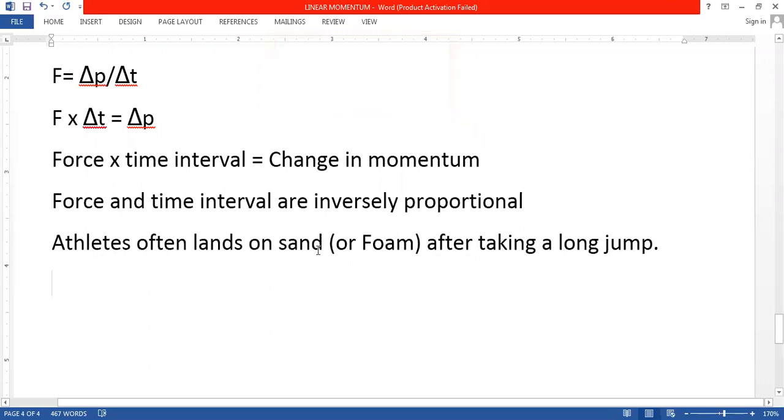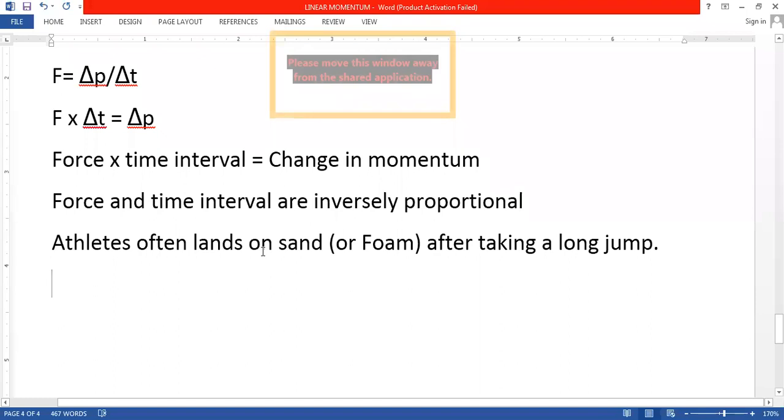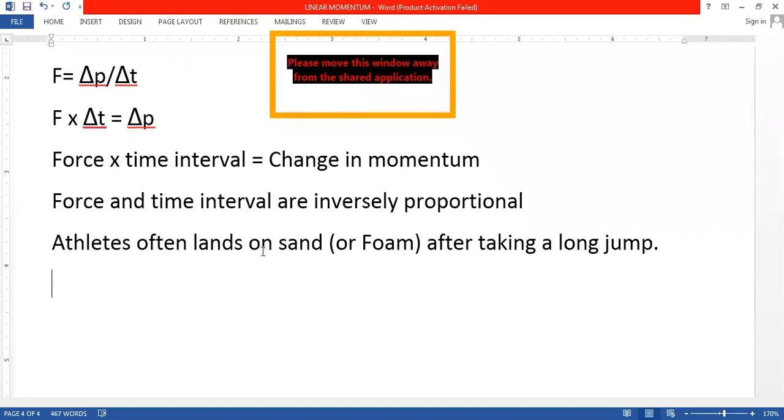That's the reason why when he lands on the sand or foam, he sinks into the sand or the foam, and that increases the time interval of impact. That increase in the time interval of impact exerts less force on him.